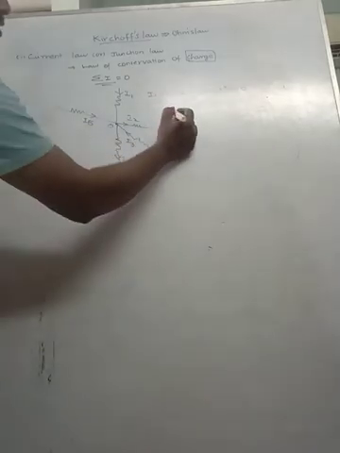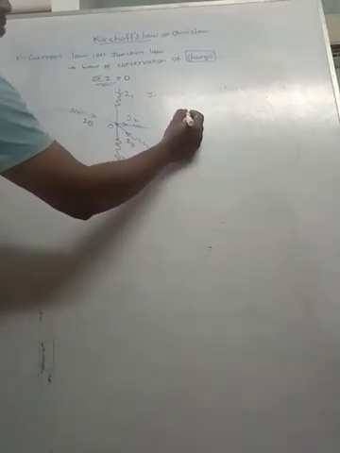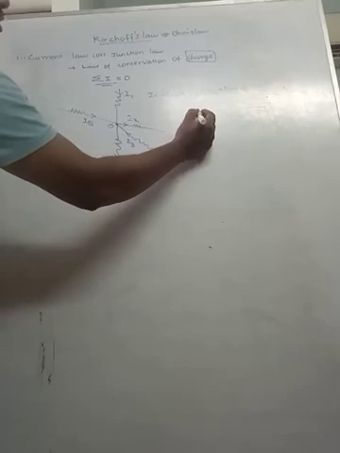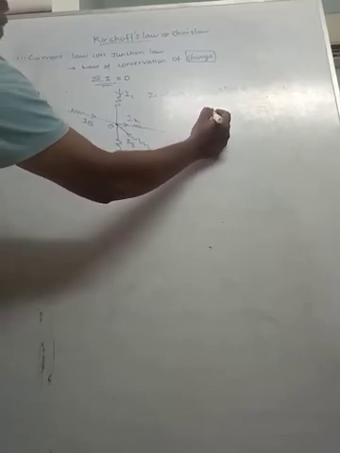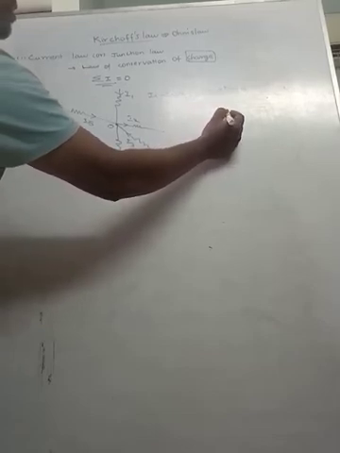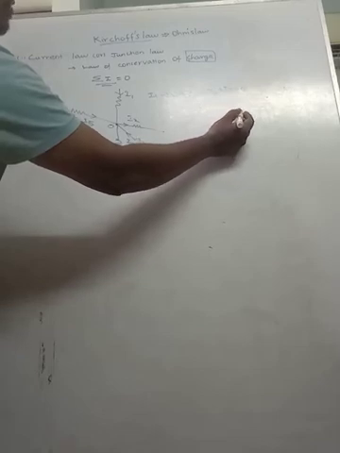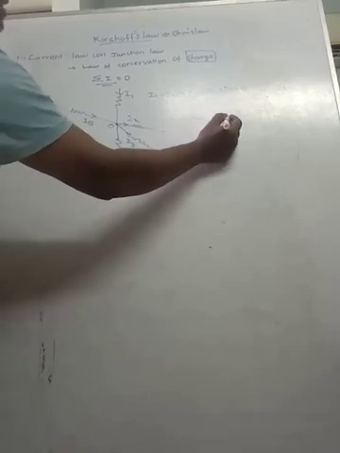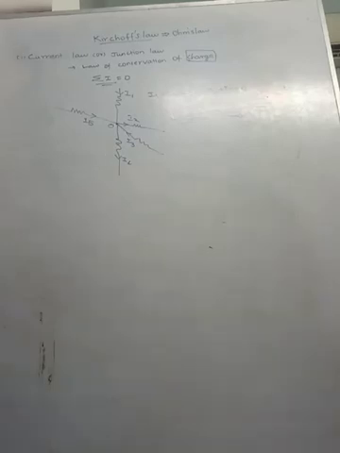Or you can write this as I1 plus I3 plus I5 is equal to I2 plus I4. That means the current entering the junction is equal to the current leaving the junction.